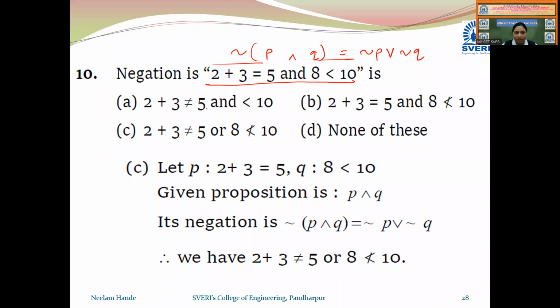And or becomes and, so you should write and. Both the statements are negated, not equal, not equal. So is the C option correct? Yes, ma'am. Very good. Let's move ahead.